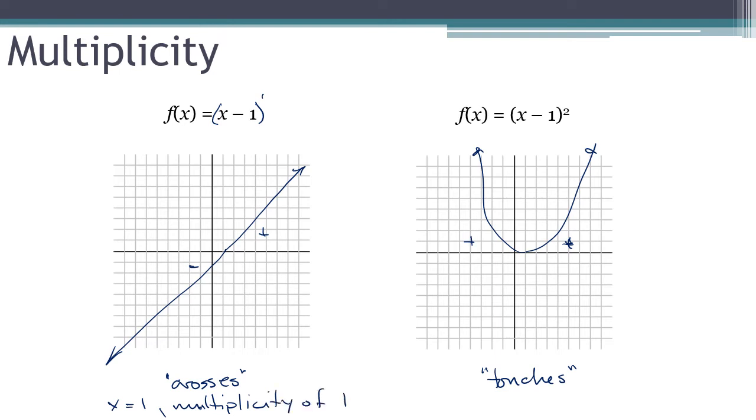And over here with my parabola, I would say the root x equals 1 has a multiplicity of 2.